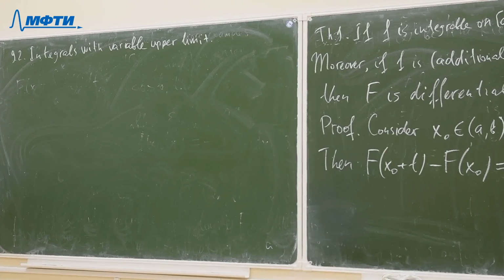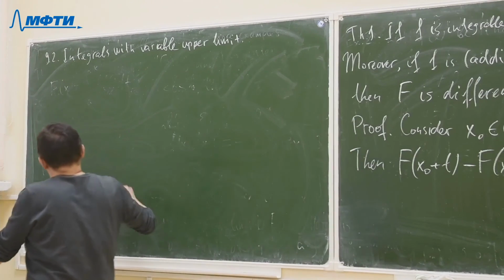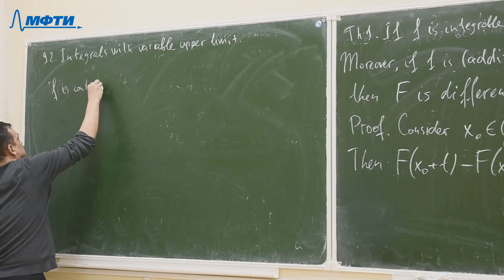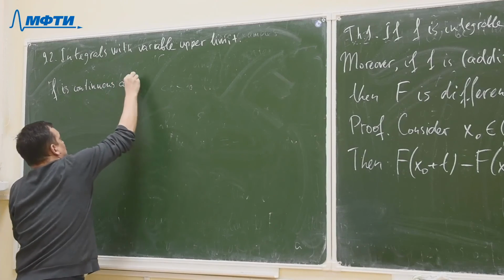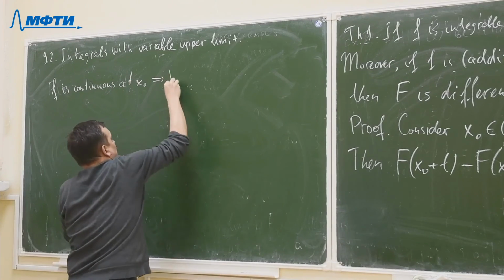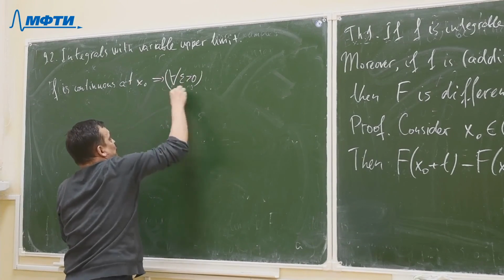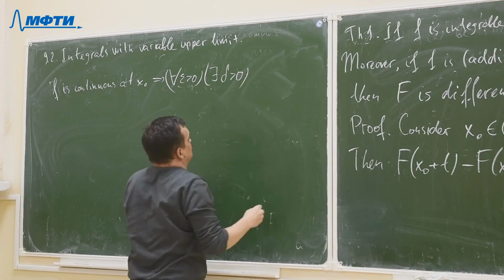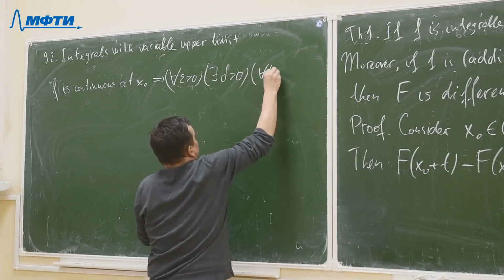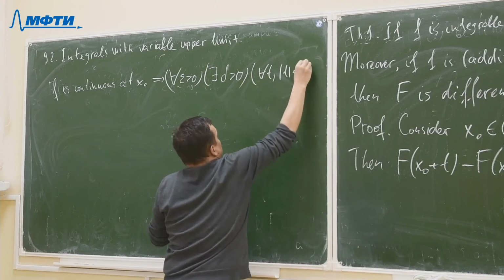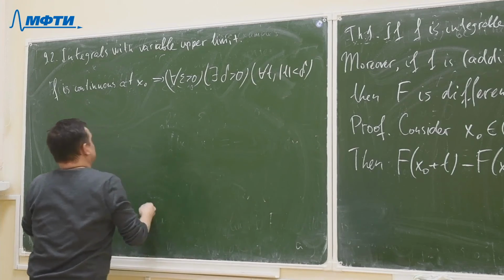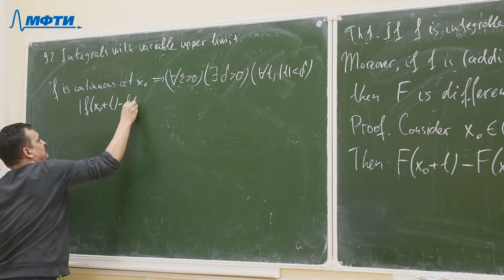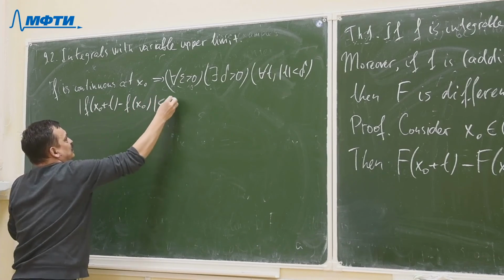Look, f is continuous at x naught, hence, by the Cauchy definition of continuity, for arbitrary epsilon, there exists delta positive such that for all t with modulo t less than delta, we have the inequality: modulo of f at x naught plus t minus f at x naught less than epsilon.